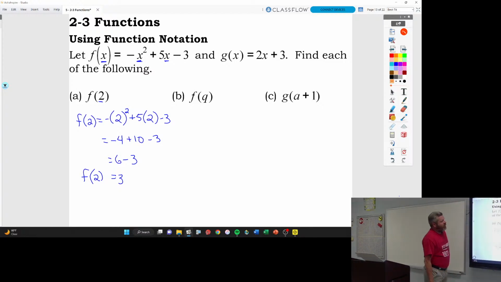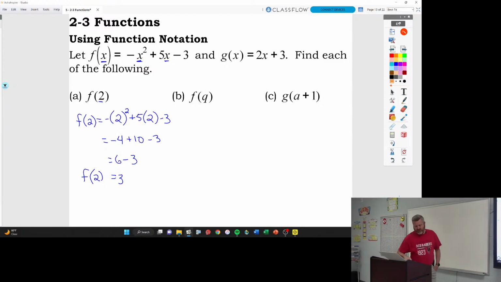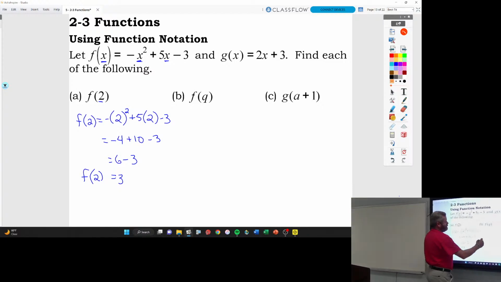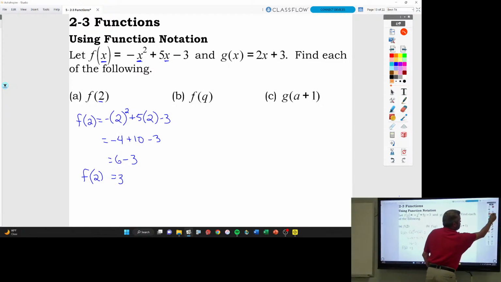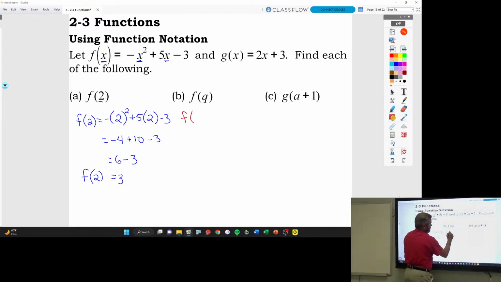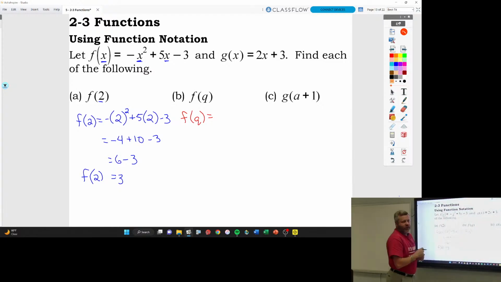Okay, part B. I want to evaluate the function f at q. Folks, all that means is we're going to replace the x's with q's. So, f of q. I'm going to replace each x with a q.